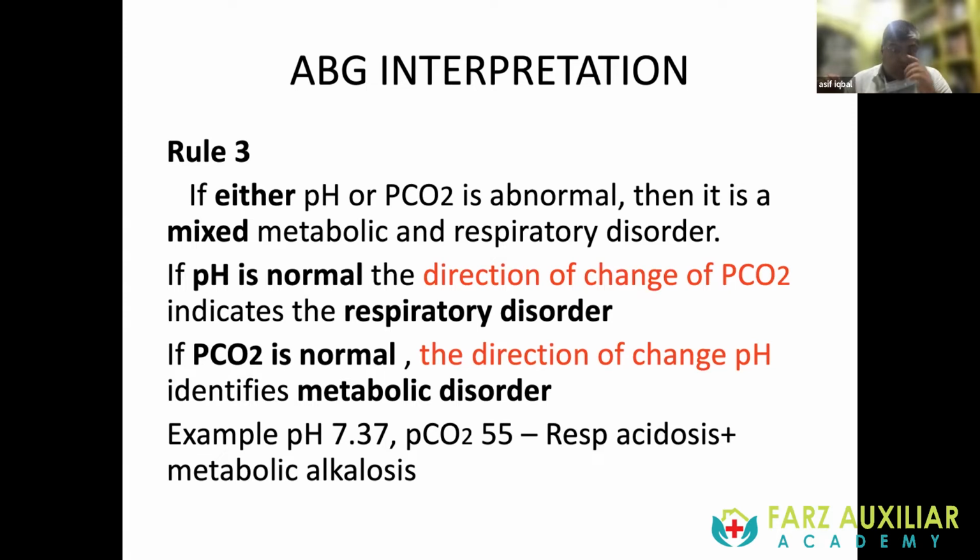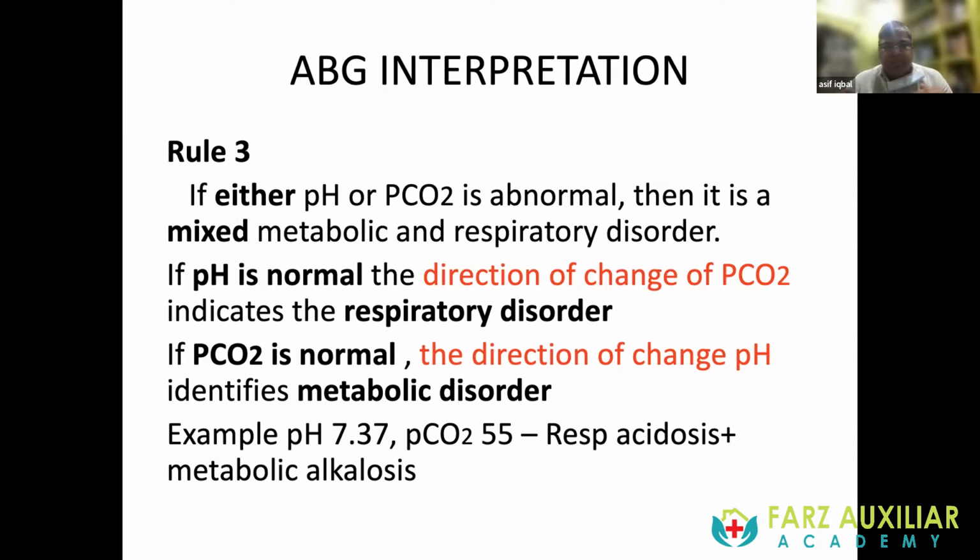Thank you. So if pH is normal, then the direction of change of PaCO2 indicates the respiratory disorder. If PaCO2 is normal, then the direction of the pH change identifies the metabolic disorder. In rule number 2, we have seen that if both pH and PaCO2 are changing, the direction of the change will give you the diagnosis of metabolic or respiratory.